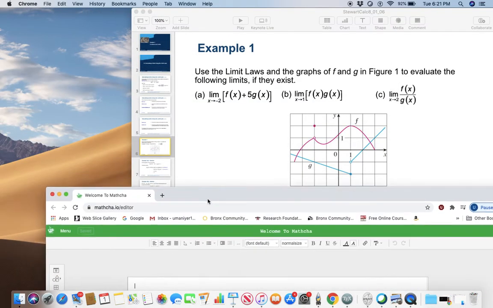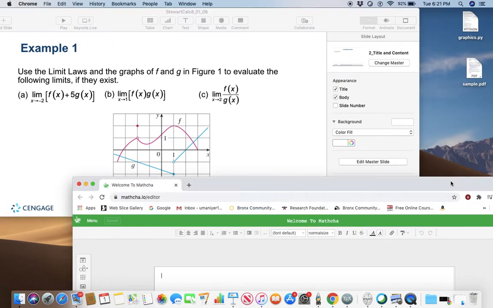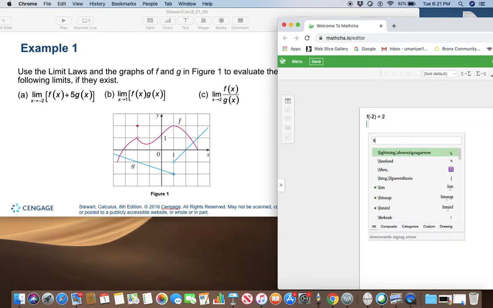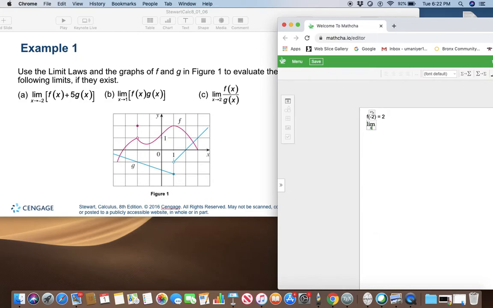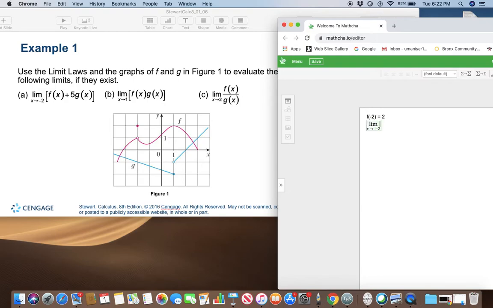And what can we say from the picture? Let me write it down. It looks like f at -2 is, here is -2, that's a hole, the value at -2 is +2, okay? But what is the limit as x approaches -2 of f(x)?